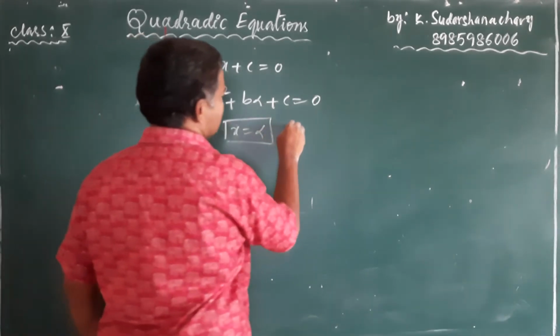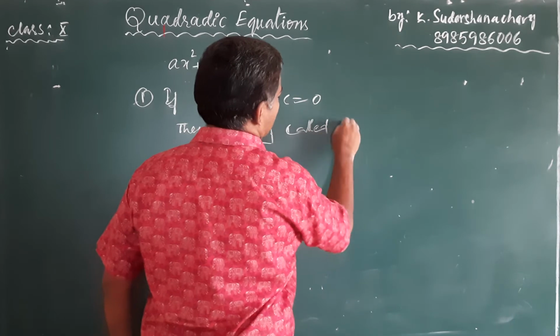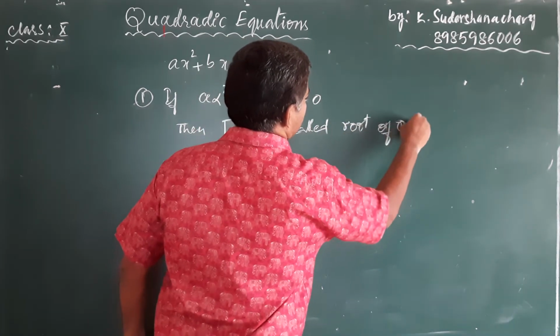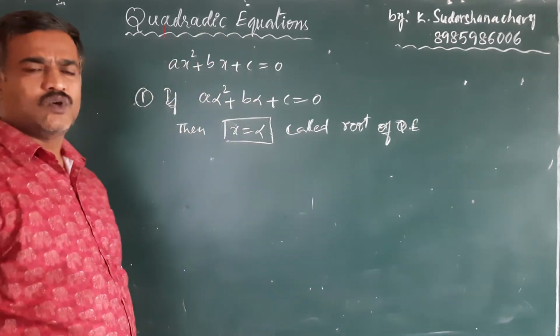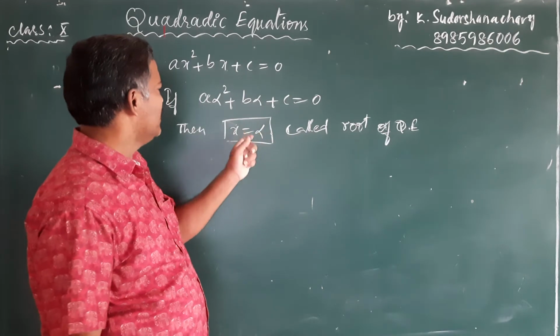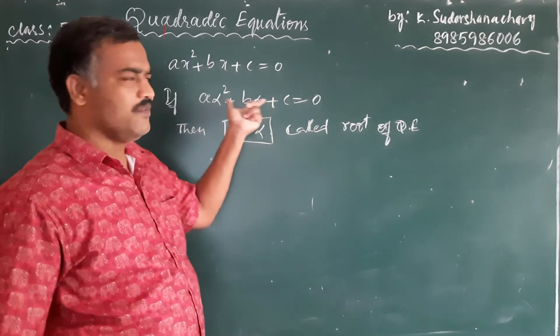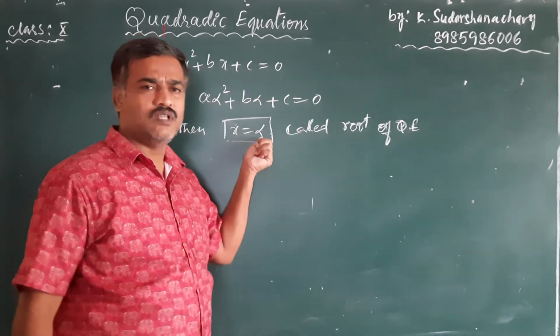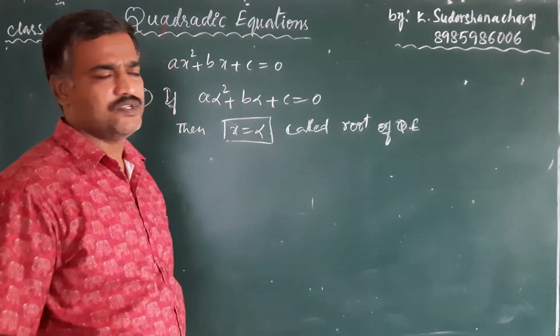This alpha is called what? Root of the quadratic equation. Root means this value is satisfied. When you substitute alpha in place of x, if the result is 0, then alpha is called the root of the quadratic equation.